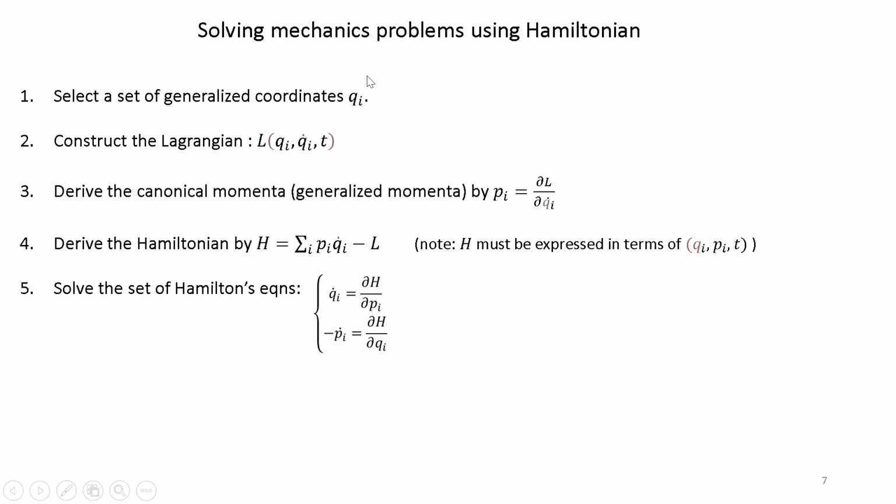So the first step again is to select generalized coordinates and construct the Lagrangian. Then from there you find the generalized momenta by this definition, and then you will be able to derive the Hamiltonian using this formula. But one thing to always remind yourself is that the Hamiltonian has to be expressed in terms of q and p, not q and q dot.